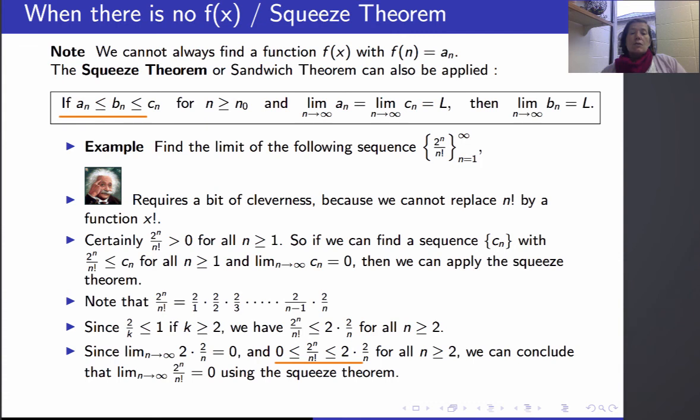So we have 0 is less than or equal to 2^n / n!, which is less than or equal to 2 times 2/n for all n bigger than or equal to 2, and therefore the limit of 2^n / n! is between the limits of these two sequences. But their limits are equal to 0, so by the squeeze theorem the limit as n goes to infinity of 2^n / n! is 0.